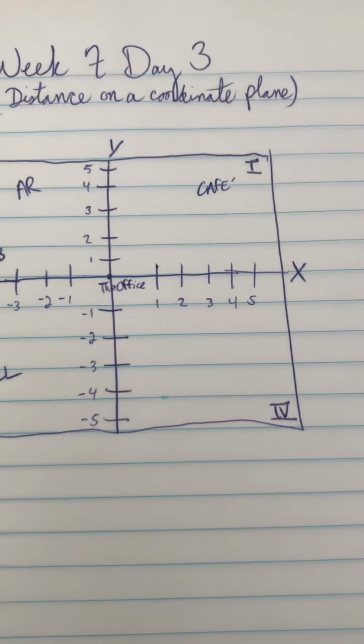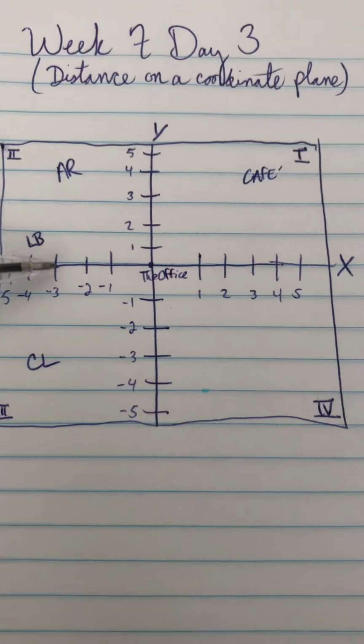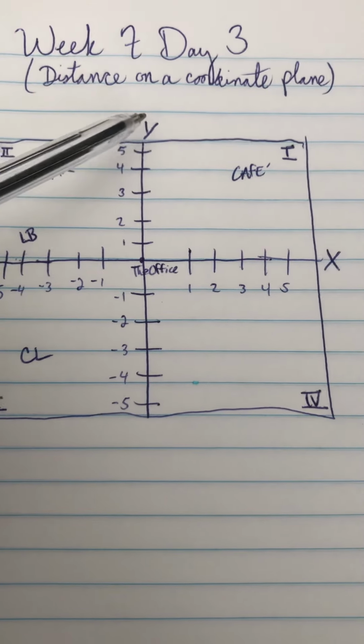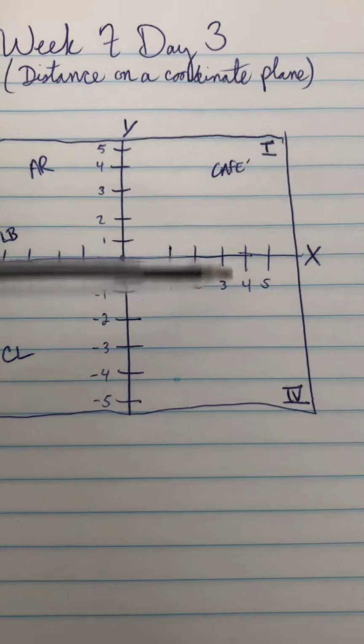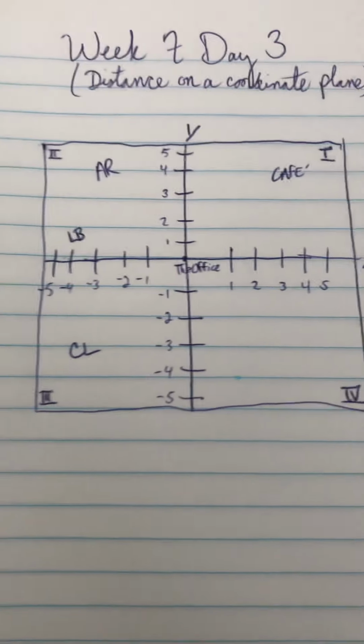So that's where the cafe is, right? So over 3, up 4, same thing, over 3, up 4. They are a reflection across the y-axis or across the x-axis. So in this case, it went across the y, okay?